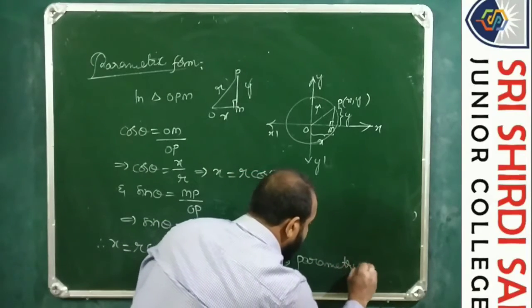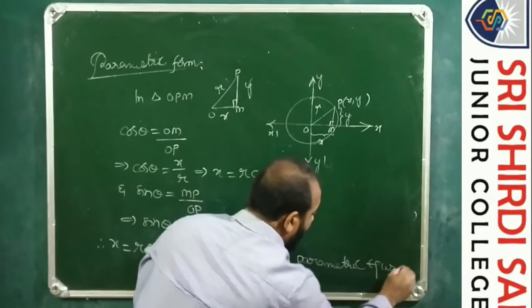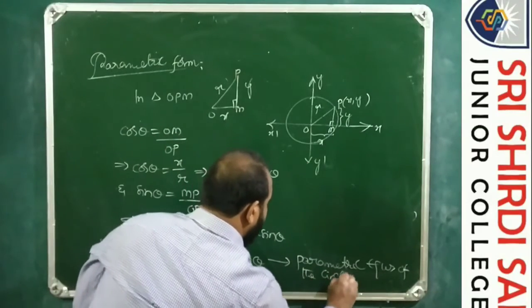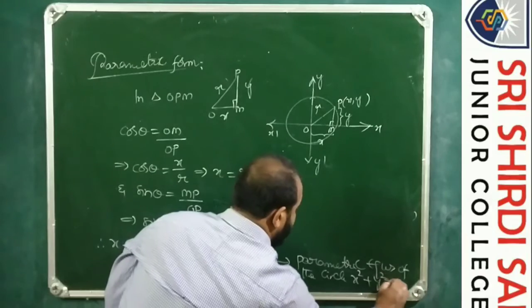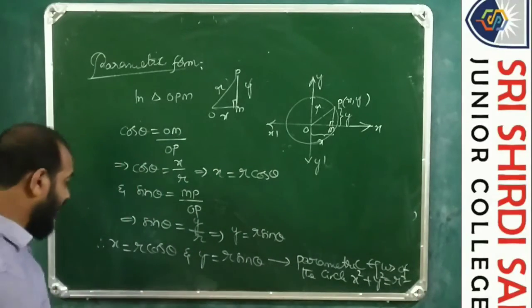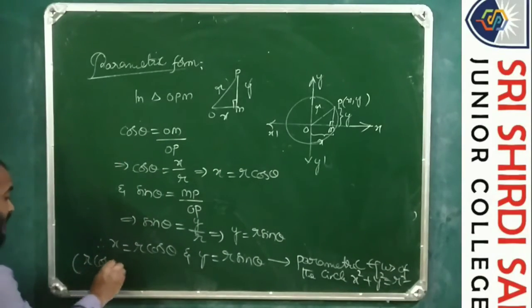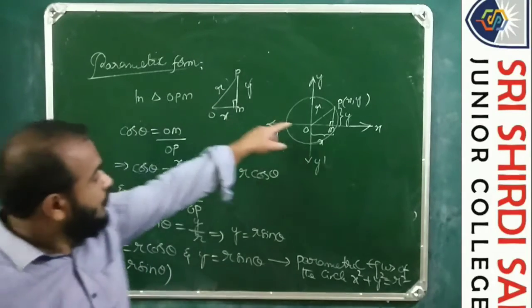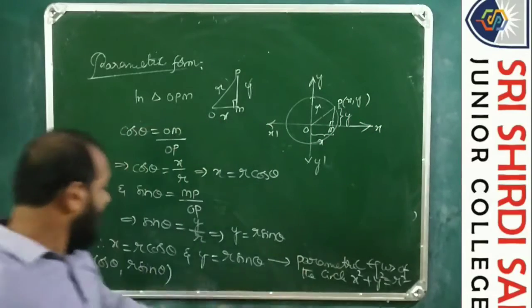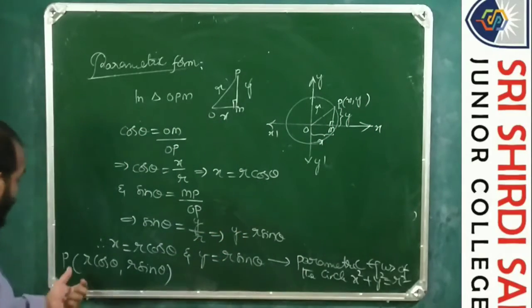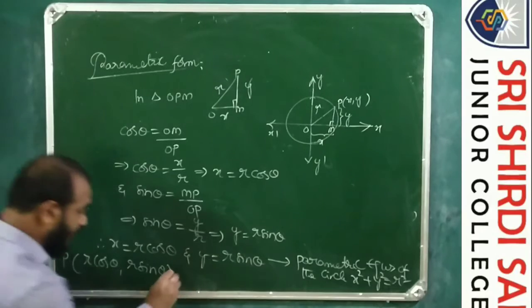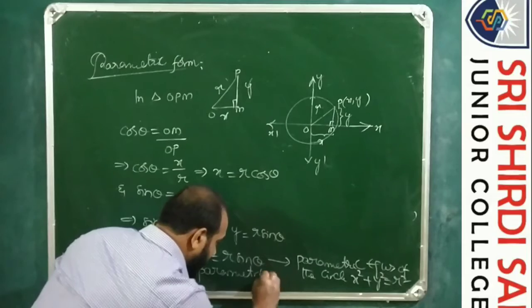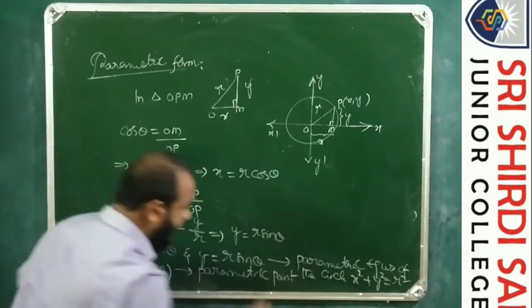Parametric equations of the circle x square plus y square is equal to r square. Here P is (x, y), where x is r cos theta and y is r sin theta. So P(r cos theta, r sin theta) is said to be the parametric point.